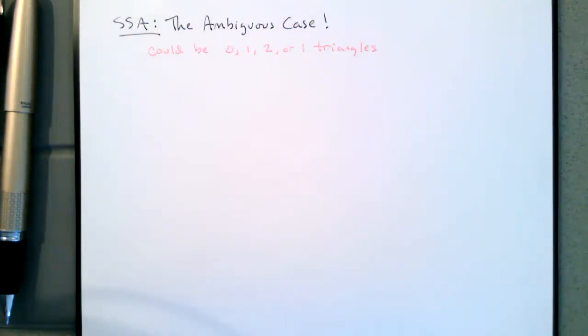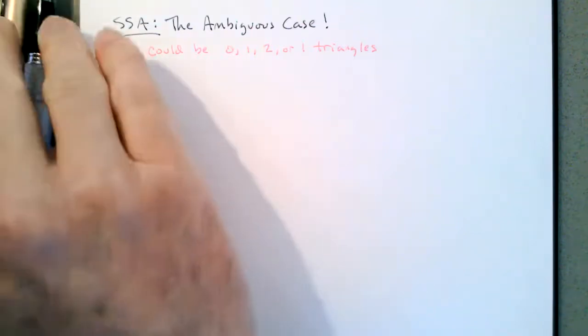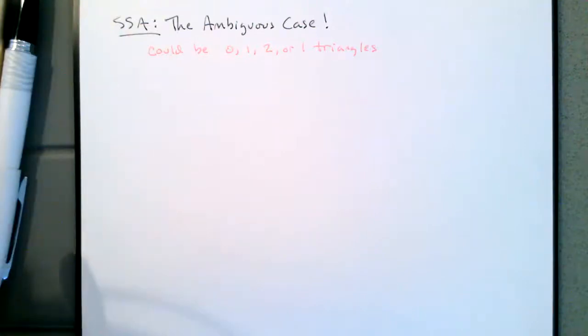So we're given two sides and the angle opposite one of those sides. Let's draw, let's see. I'm going to look at the triangle that I used on the quiz.